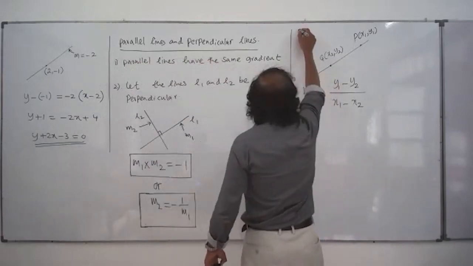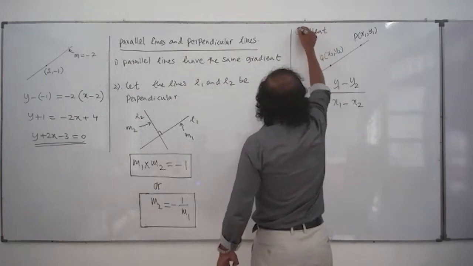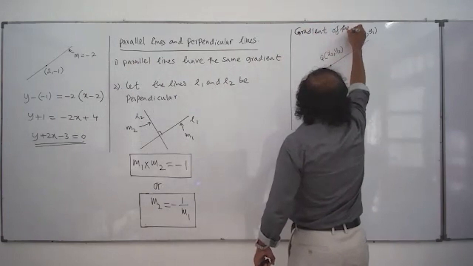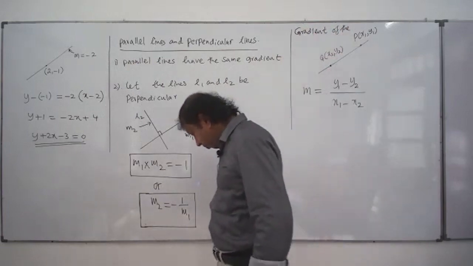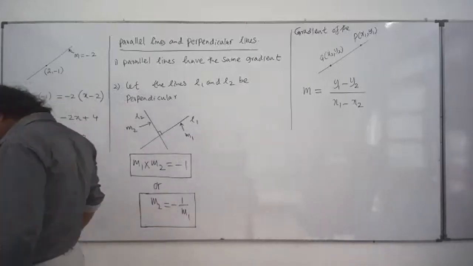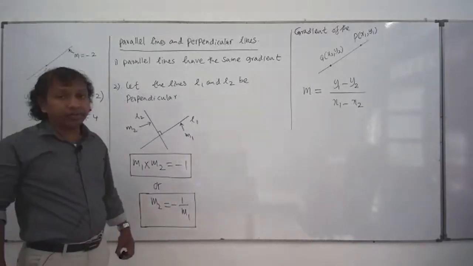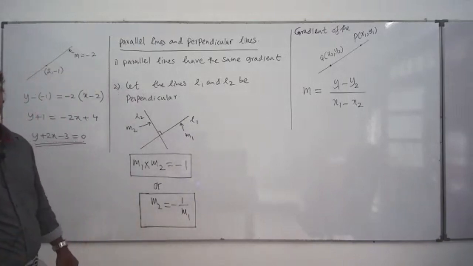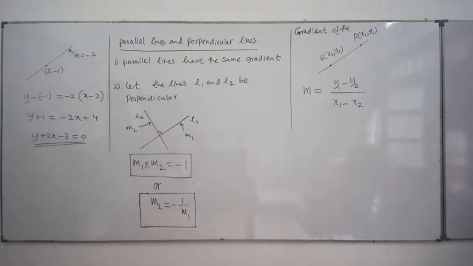Gradient of the line passing through two given points.